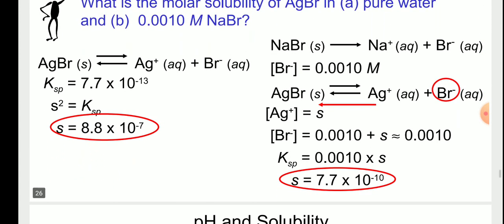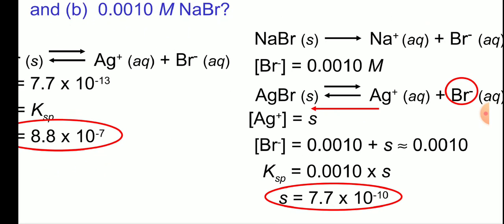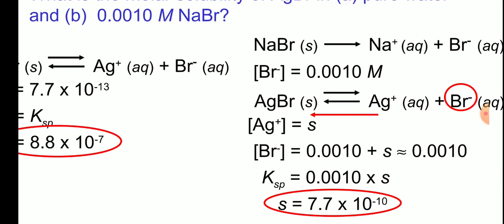So here is another example, just the opposite, that is solubility. In the case of normal AgBr, Ksp is the solubility squared, and the solubility is 8.8 into 10 to the power minus 7. But if NaBr is present, then it produces a higher number of Br minus.